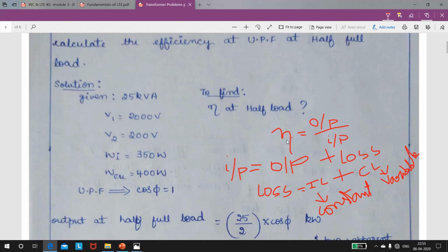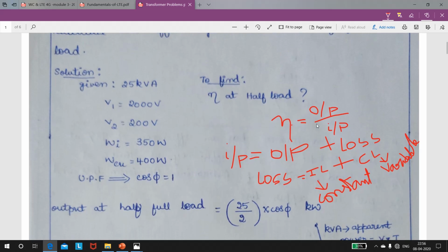Efficiency at half load will be equal to output at half load divided by input at half load. Output for half load will be equal to 25 by 2. 25 by 2 will give you the output in kilovolt ampere.